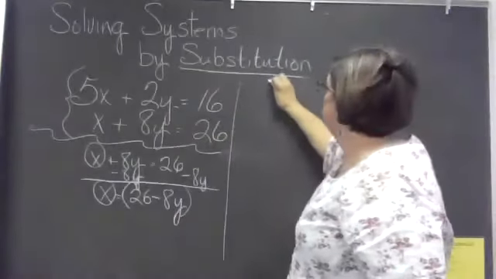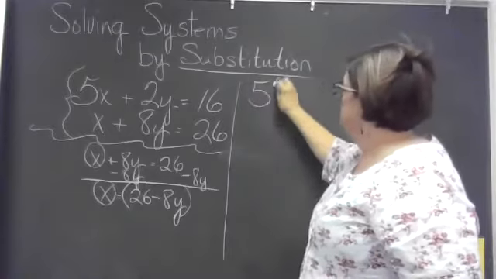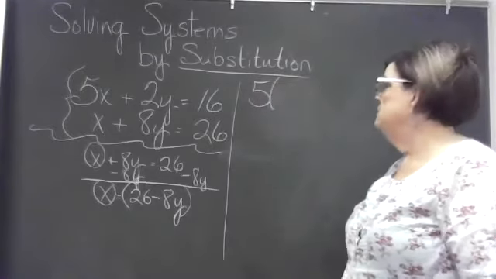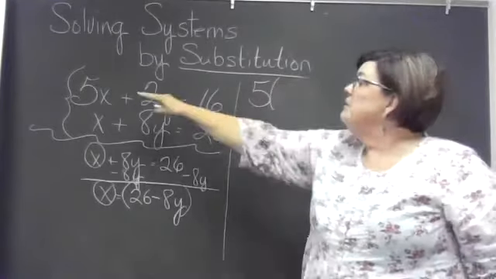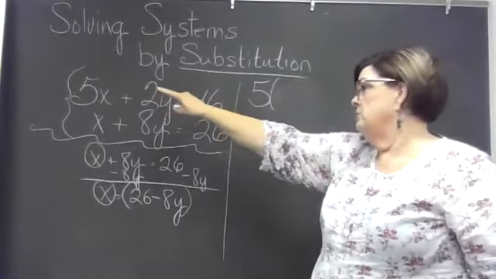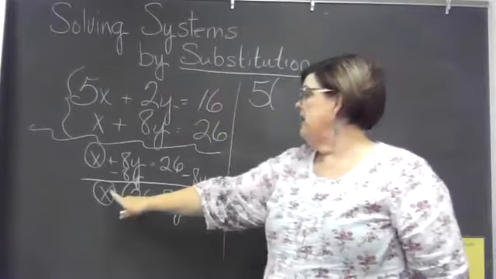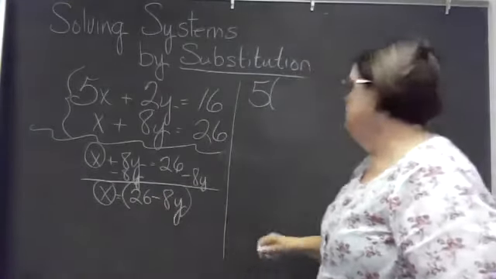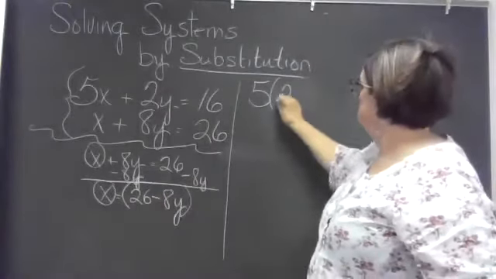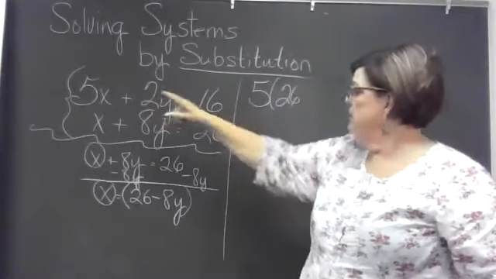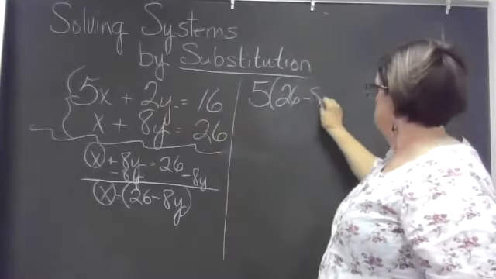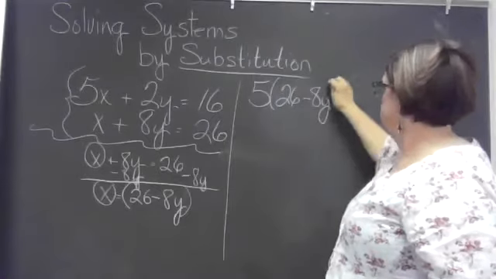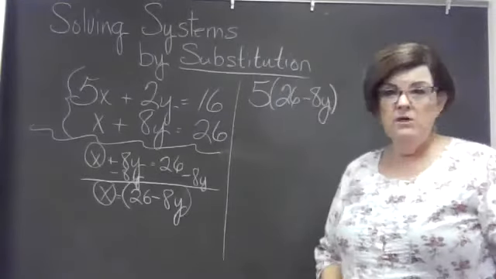Substitution is probably more difficult to understand than the other methods. So I'm going to copy this other equation and every time I come to an x, I'm going to put this in. I'll tell you why here in a minute. So every time I come to an x, I'm going to put what the x is equal to. Make sure you can see it.